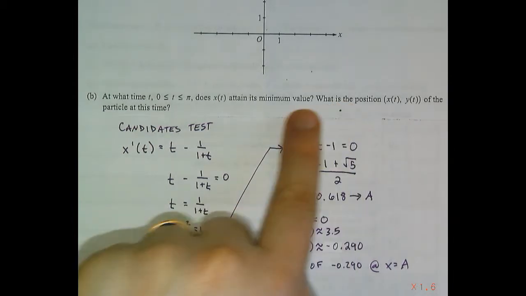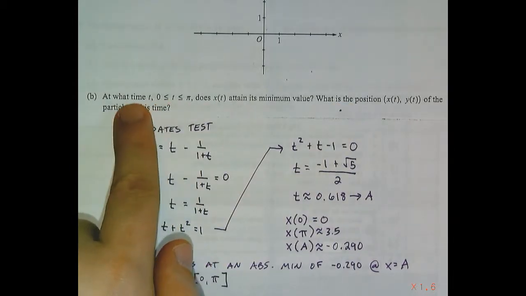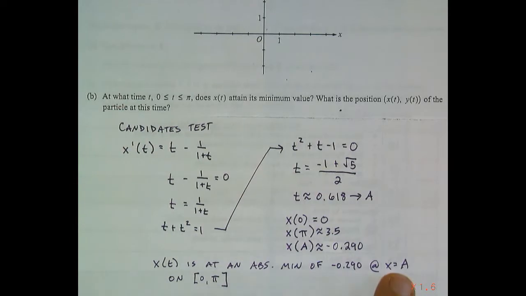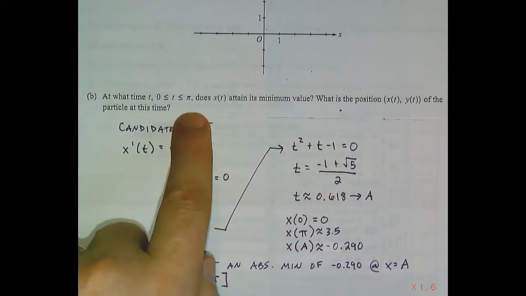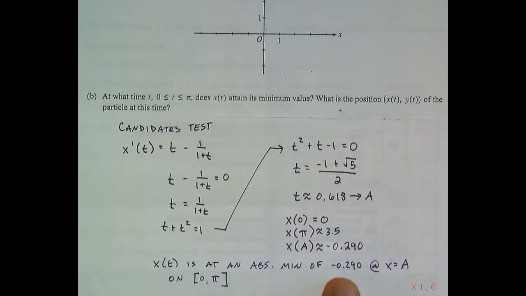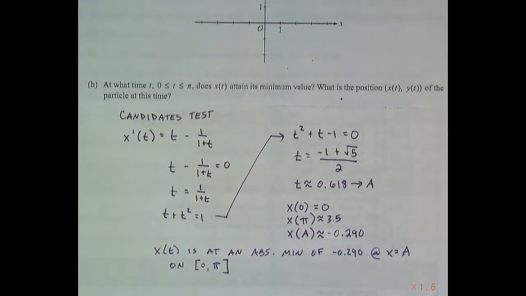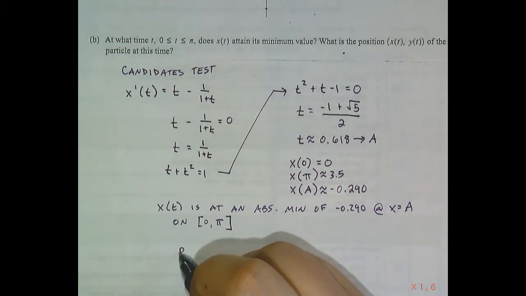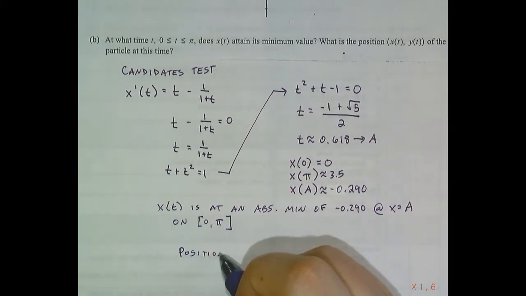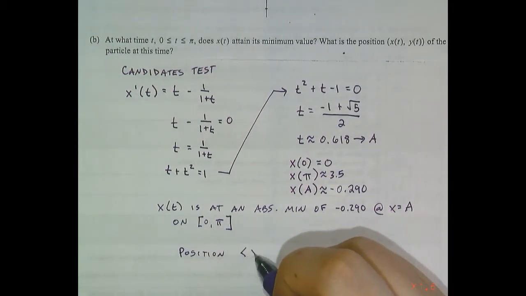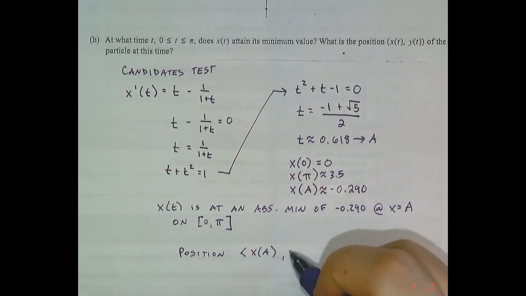They ask at what time, so we've given the time, and what is the position. So we've given the x coordinate of the position, we just need to evaluate the y coordinate of the position. So position would be evaluated as x of a comma y of a.